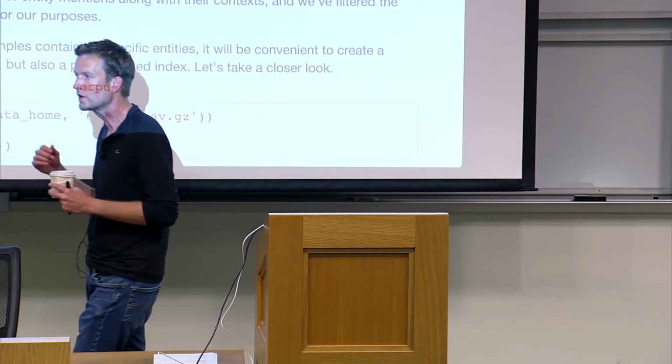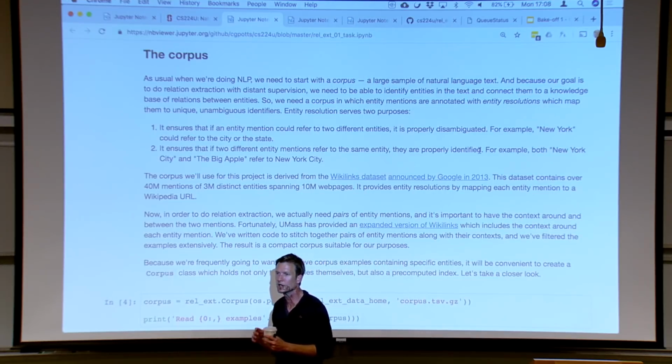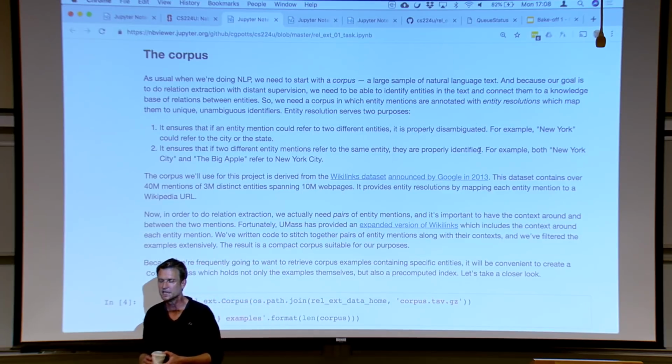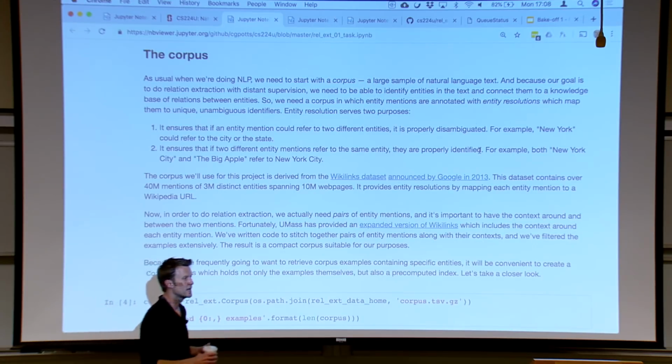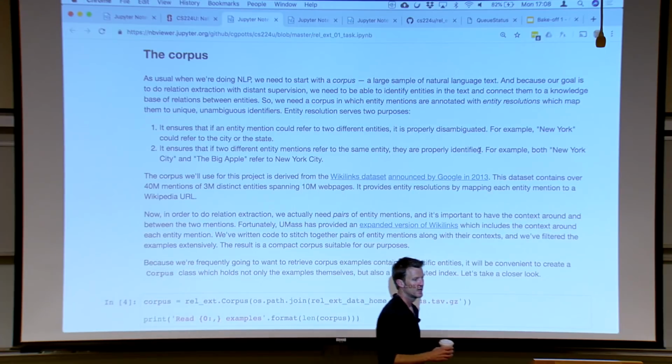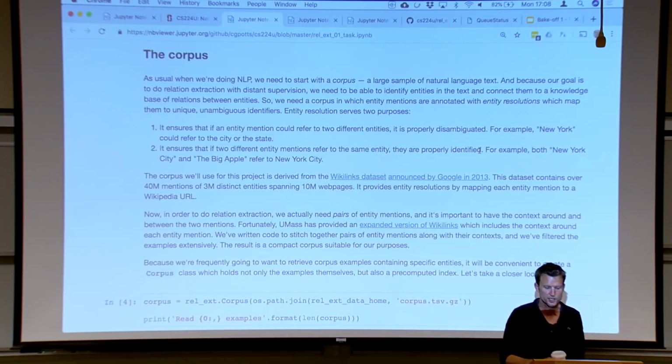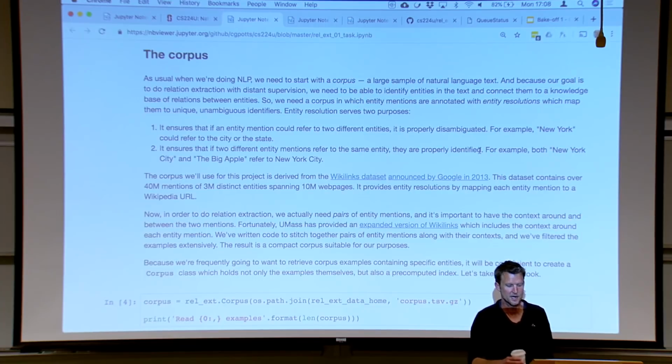And for this project, what we're going to use for our corpus is a bunch of examples that are derived from this WikiLinks corpus. WikiLinks was the result of a collaboration in 2013 between Google and some researchers at UMass. And it's drawn from a really large snapshot of the internet, 10 million web pages altogether.